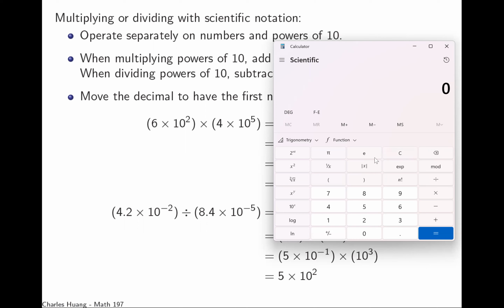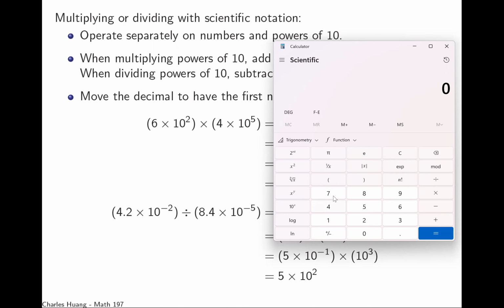Now, I just want to point out, if you decide to type everything out the long way, remember to put in the brackets, because it's really easy to make a mistake. You have to put a bracket around all your scientific notation if you don't use the scientific notation exponent button.